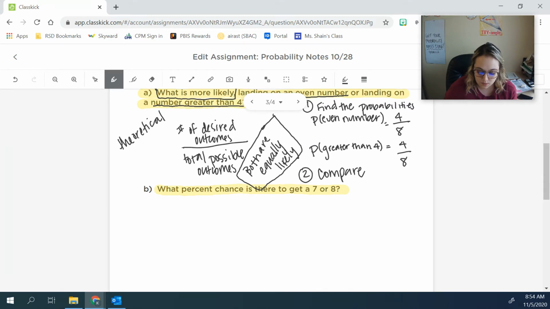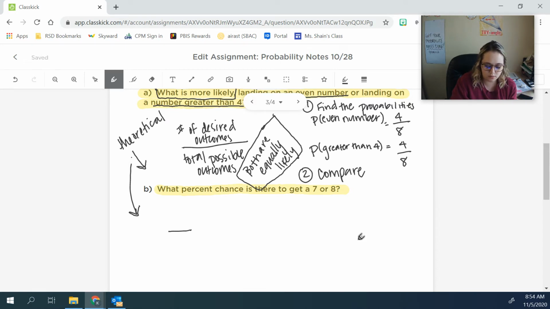All right, now this one is asking us to find a percent chance. So first, let's just practice how we already know how to find a probability, and that's by using a fraction, right? So we're still talking about theoretical, right? This is still theoretical. Both of these are. And I'm talking about getting a 7 or an 8. So I'm still going to set up my probability the way I would before, right?